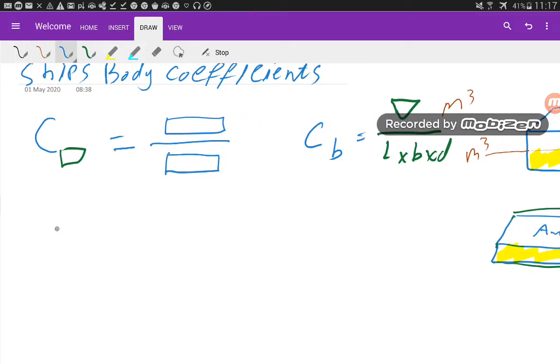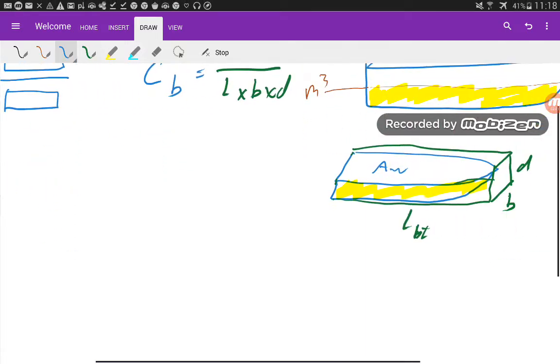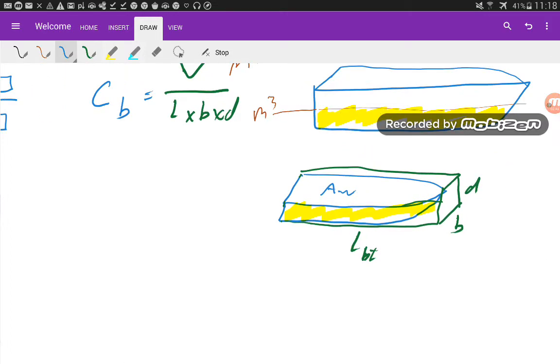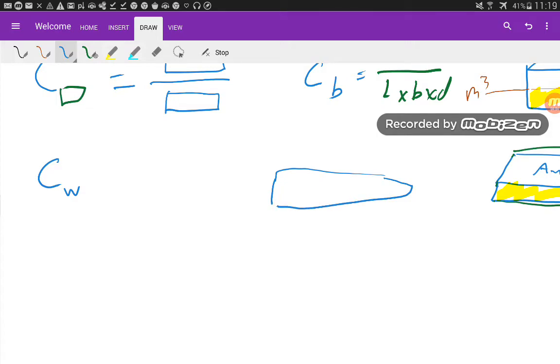The next coefficient is the water plane area coefficient, or CW. What is CW? If you cut the same vessel at the waterline, we have the area AW, the waterline area. This is your waterline area.